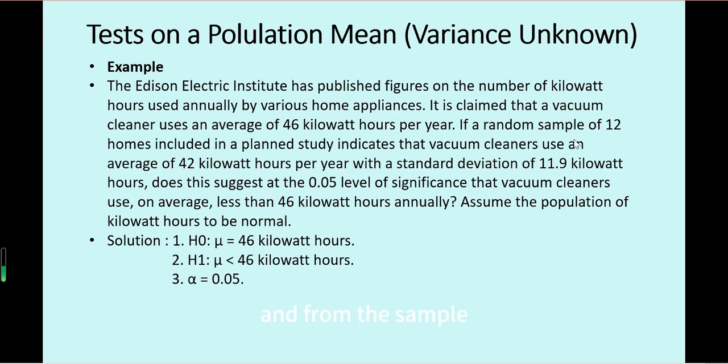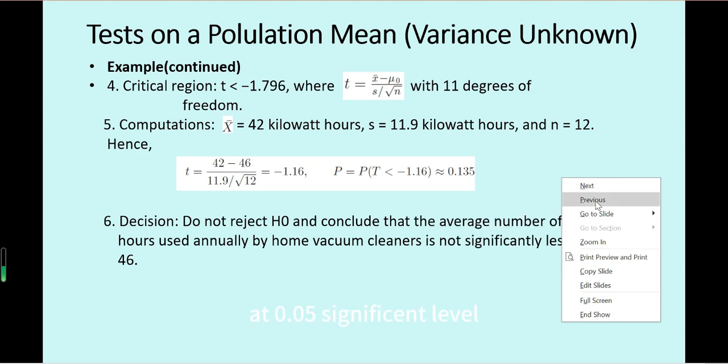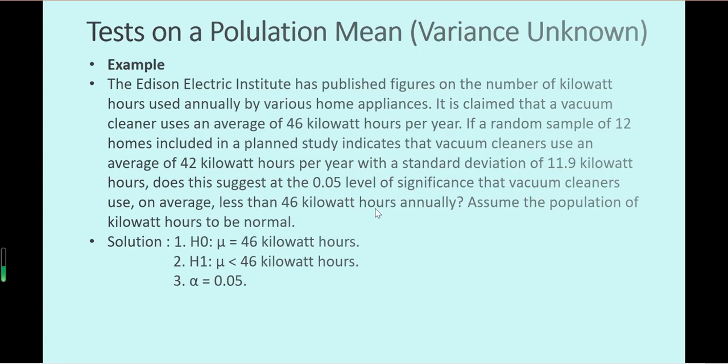And from the sample, the information is sample average 42 and sample standard deviation 11.9, sample size 12. So we have all the information. So next, first is calculate critical value. T is minus 1.796 at 0.05 significant level.